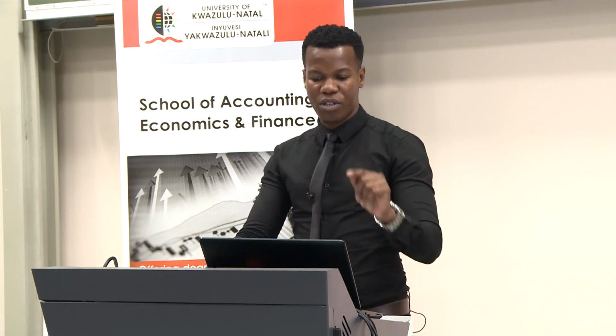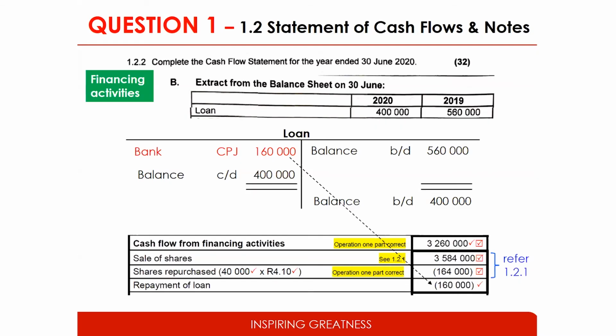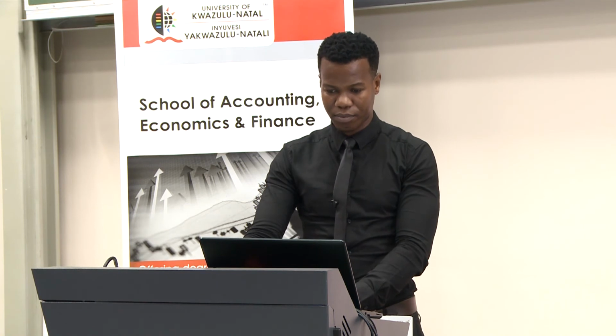So there were 40,000 shares that we bought back from our shareholders, and we spent 4.10 rand per share. So you multiply the 40,000 by the 4.10 rand. That is the value, the price per share, and that is 164,000. It's a negative, obviously, because it decreases your cash in the business.